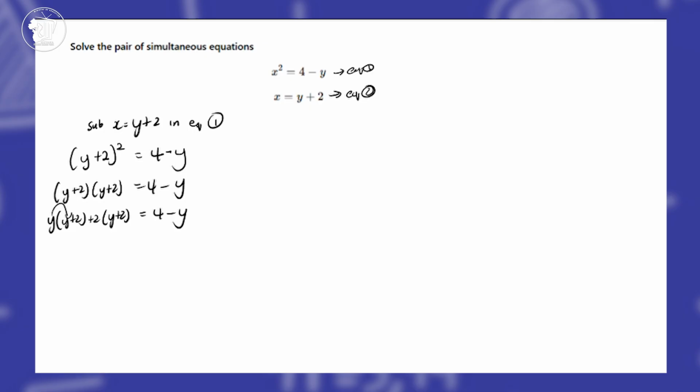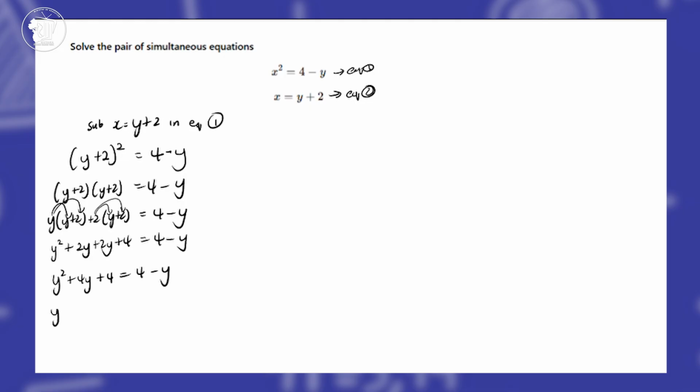So we distribute throughout. y times y would be y squared, plus y times 2 would be 2y, and 2 times y would be 2y, and 2 times 2 would be 4, and this is equal to 4 minus y. When we add this up, we end up with y squared plus 4y plus 4 is equal to 4 minus y. So we put all the terms on one side.